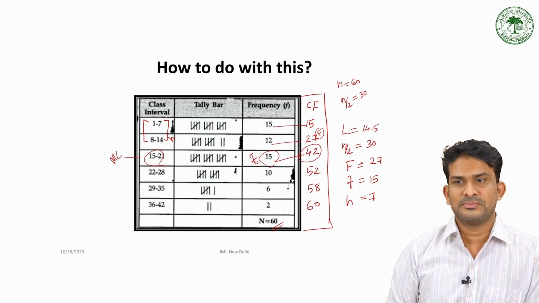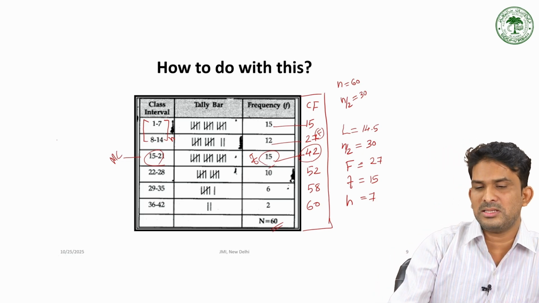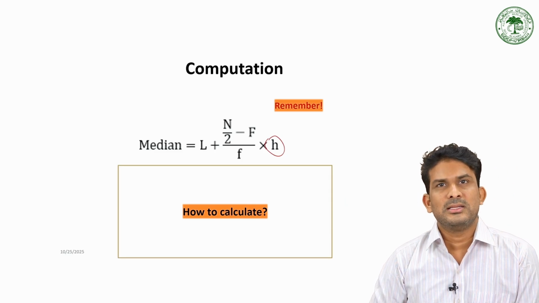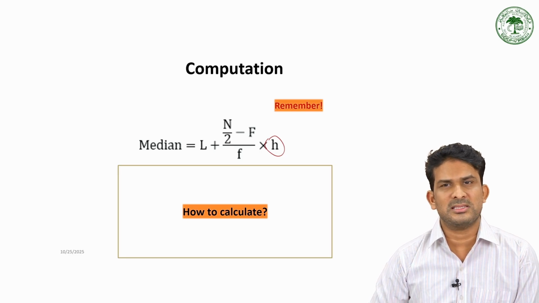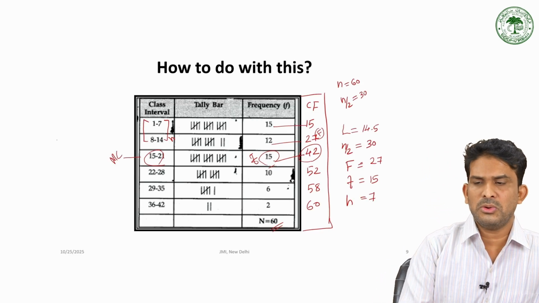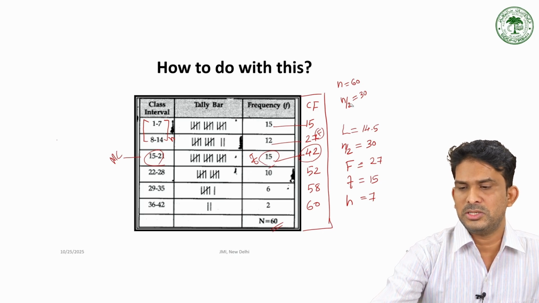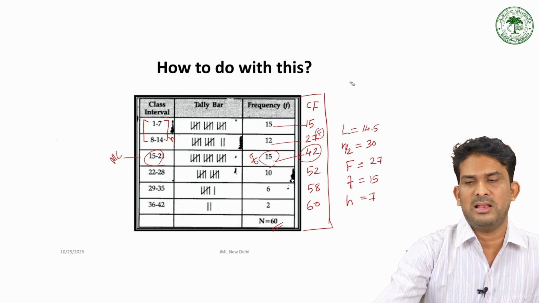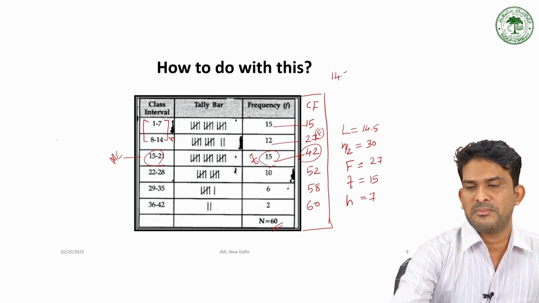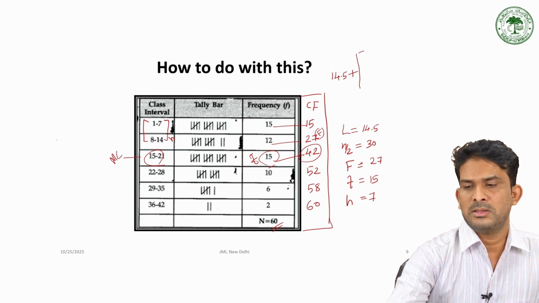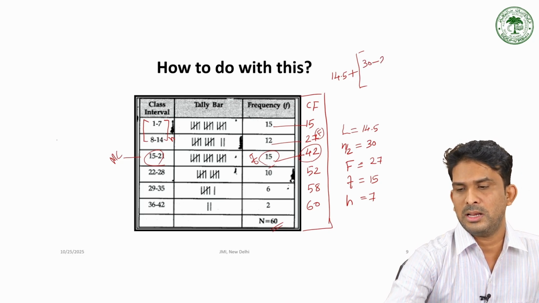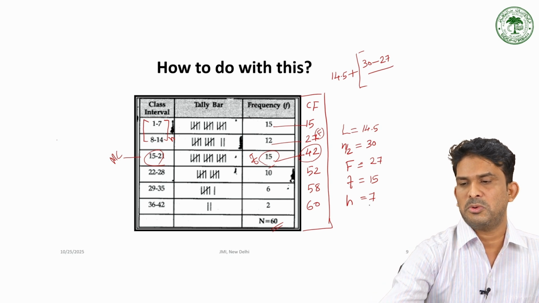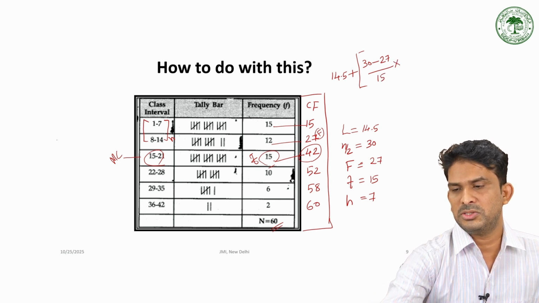Now you go for that. How do you go for that? Yes, L plus n by 2 minus cumulative frequency, that is capital F, upon the corresponding frequency of the median class into H. So you can write it. L is 14.5 plus, within big bracket, n by 2 is 30 minus capital F 27, divided by small f which is 15, into 7, the H class width.